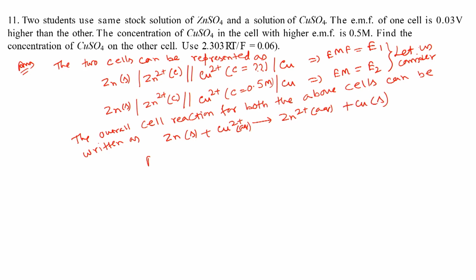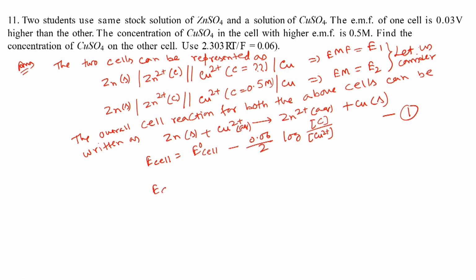This is applicable for both the cells. So E cell will be E naught cell minus 0.06 by 2 log of concentration of Zn2+, C, divided by the concentration of Cu2+. This is for cell 1, with EMF E1.